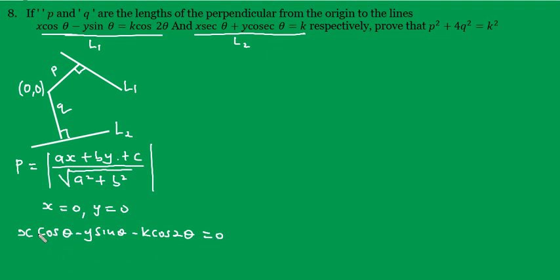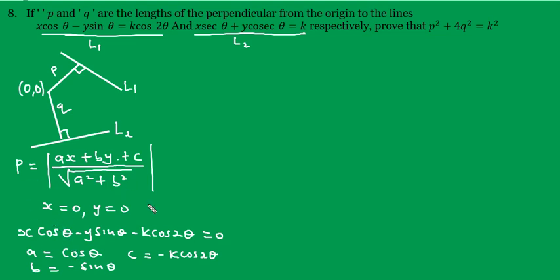In this case, a is the coefficient of x and b is the coefficient of y. So a is going to be cos theta and b will be negative sin theta. Then c will be negative k cos 2 theta.